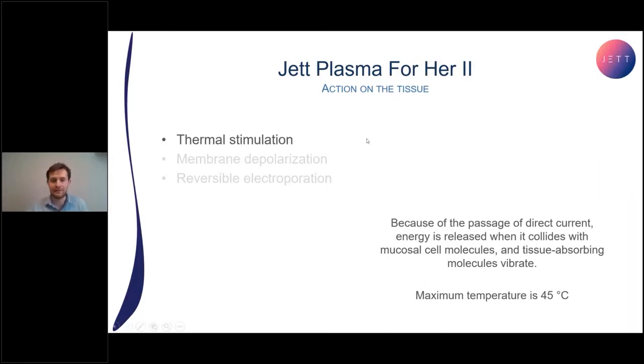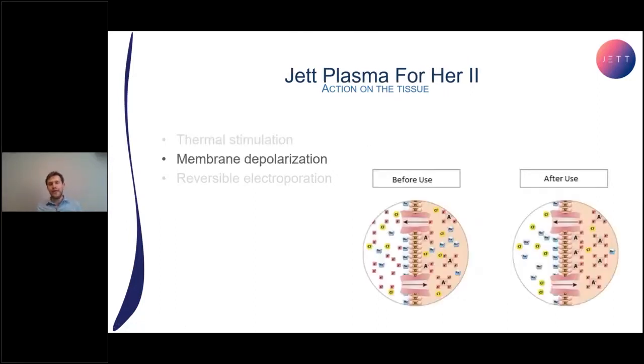The second effect, as I have shown you, is that flowing of electric energy creates changes in polarity in the cytoplasmatic membrane. These changes in polarity open up channels that we have for potassium and for other ions. This is very important because normally the cytoplasmatic membrane of the cell is polarized.